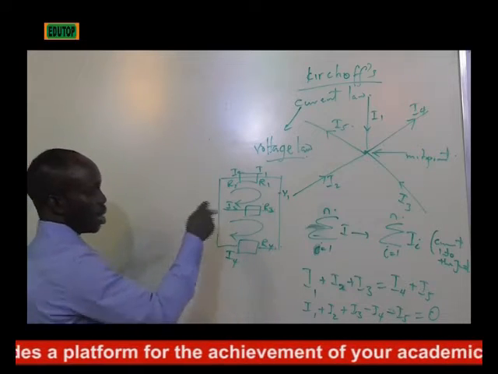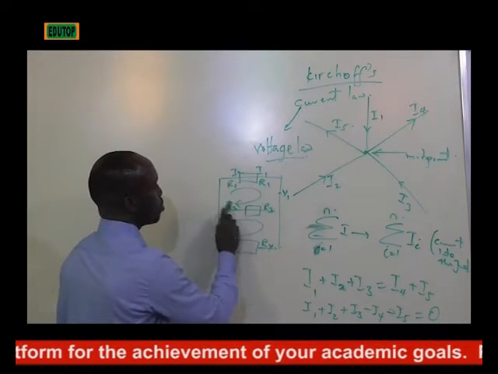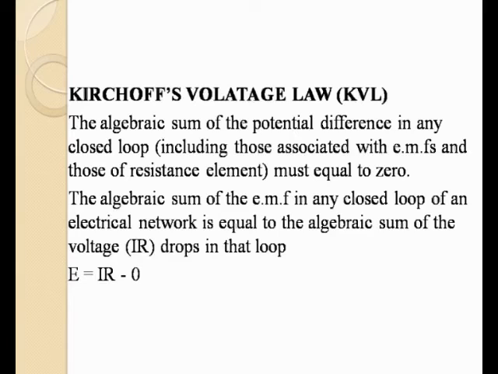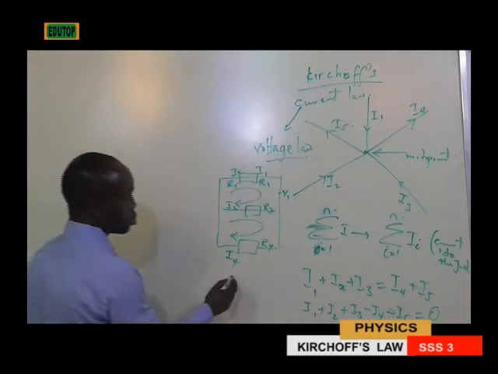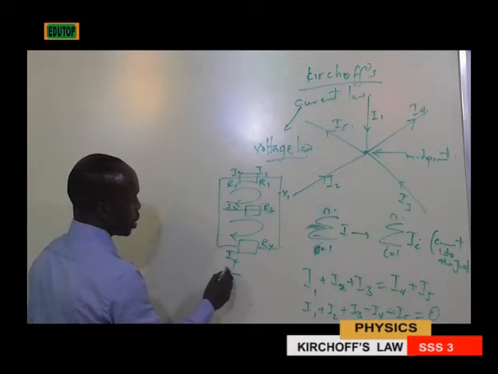Now, the sum total of the voltage in a loop. The algebraic sum of the potential differences in any closed loop, including those associated with the EMFs and those in resistance elements, must be equal to 0. Meaning that by the time you sum the total, you have to sum the total of the current.